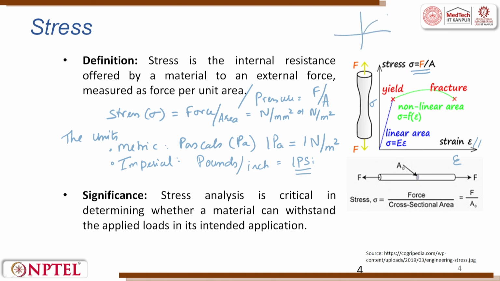Tensile we will plot here, and compression we will plot here. Again this will be strain and this will be stress. We can say this is negative and this is positive. The response will be similar, but if you look at a microscopic level you will see a lot of difference, but by and large it will have a linear and a plastic region.